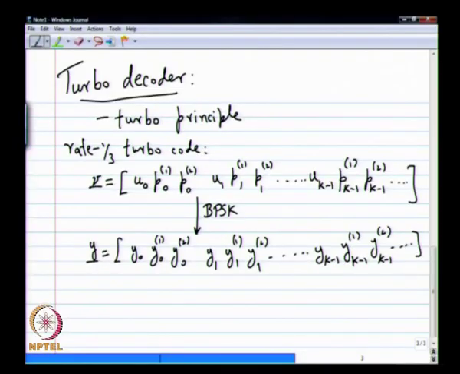So I can run 2 different convolutional decoders, maybe Viterbi, or maybe BCJR, on this received word and get estimates of each of these bits, estimates of U at least. I am interested only in estimates of U. Remember, the convolutional decoder for BCJR gives you only the LLRs for U. You can also find LLRs for the parity, but usually nobody does that. So you only find LLRs for U, and I will get 2 different LLRs for U.